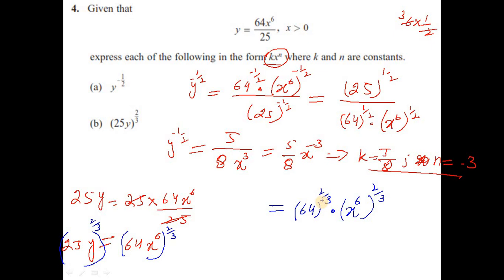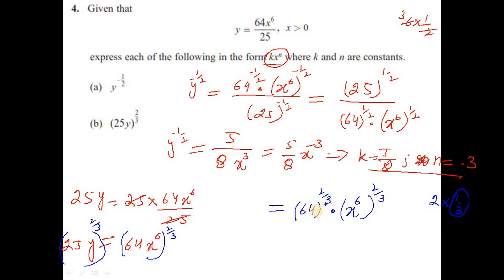So this 2 by 3 is basically 2 into 1 by 3, and 1 by 3 is called cube root. So if you take the cube root of 64, it will give you 4.